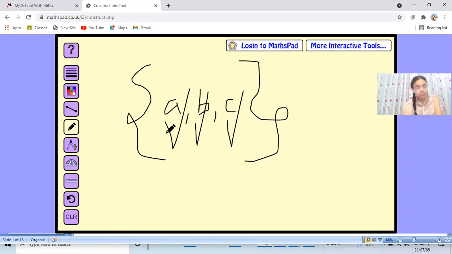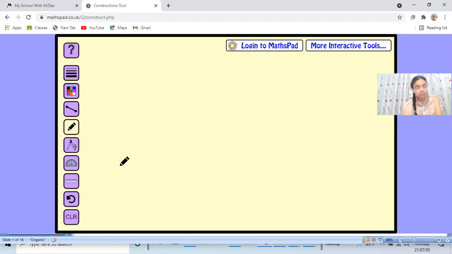You know that we can write the set by different methods. Do you know the methods of writing a set? First one is the description method.